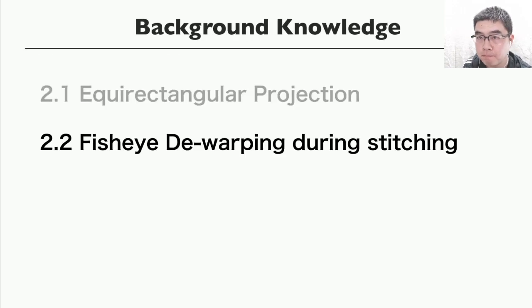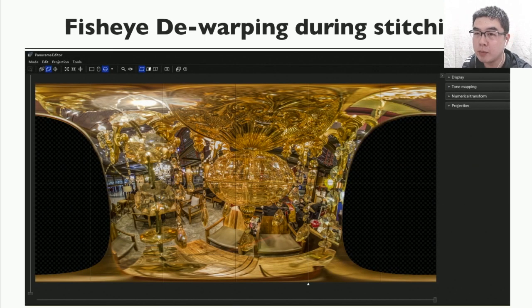And you know, most 360 cameras have dual fisheye lenses, such as this one, with this lens and this lens. So every single fisheye image will get warped into the equirectangular projection during stitching. And what happens during the fisheye warping is very important.